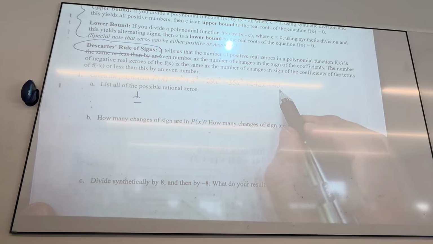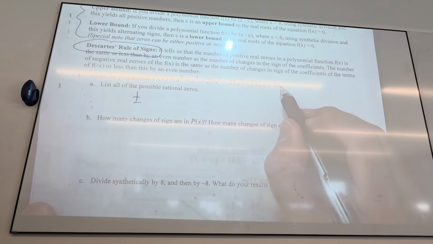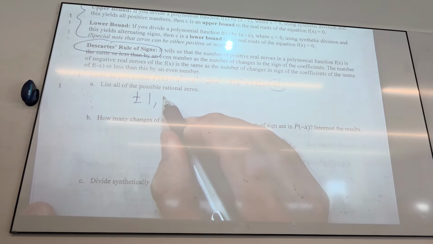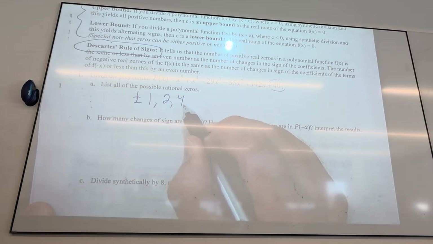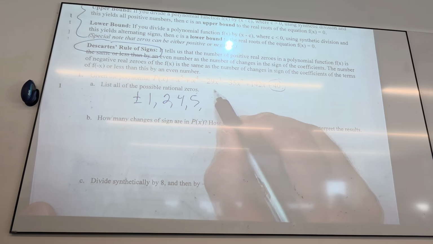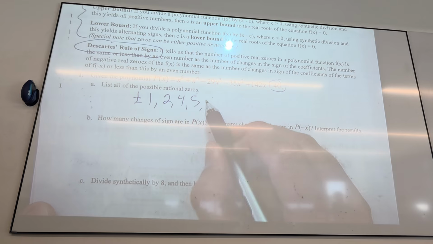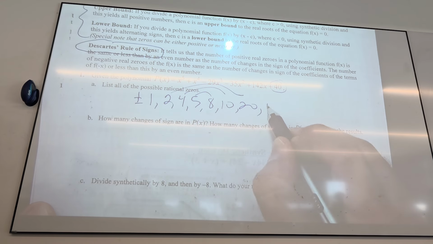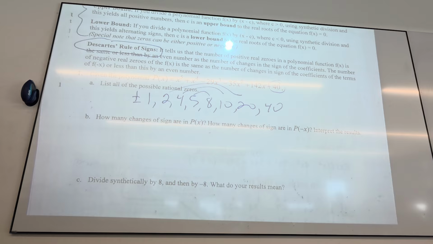I look at this number here: 1, 2, 4, 5. Good. So now I can make the turn. Square root of 40 is roughly 6, so I'm right at the turn point. Now 8, 10, 20, 40. That's still pretty big. That's really big if I have to guess and hope.